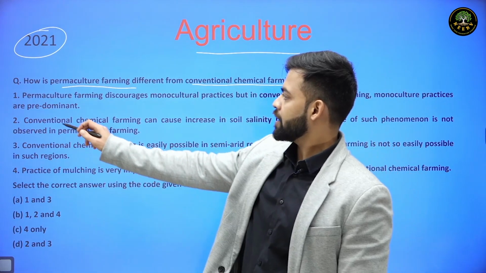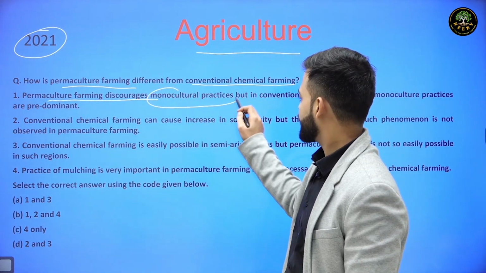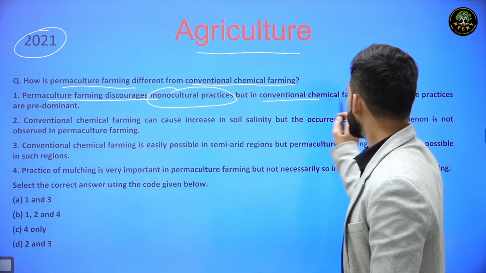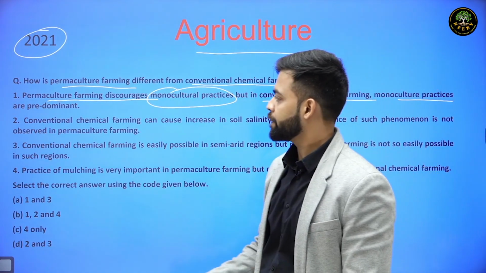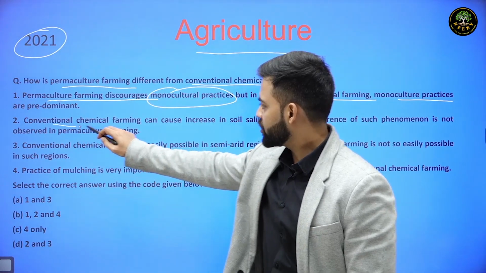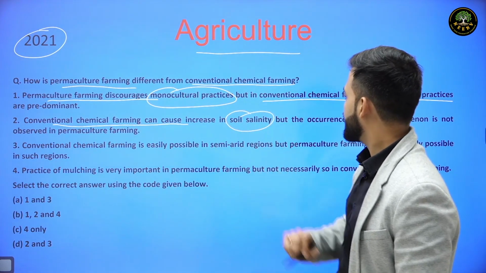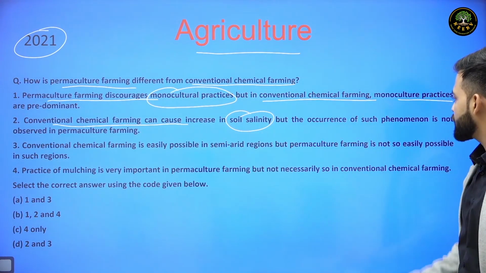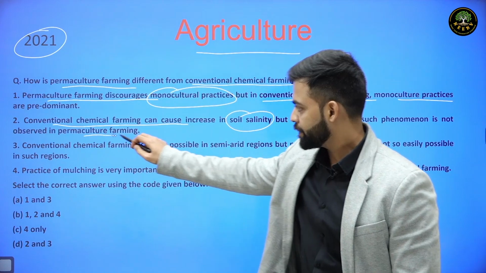The statements are: number one, permaculture farming discourages monocultural practices, but in conventional chemical farming, monoculture practices are predominant. Second statement, conventional chemical farming can cause increase in soil salinity, but the occurrence of such phenomena is not observed in permaculture farming.